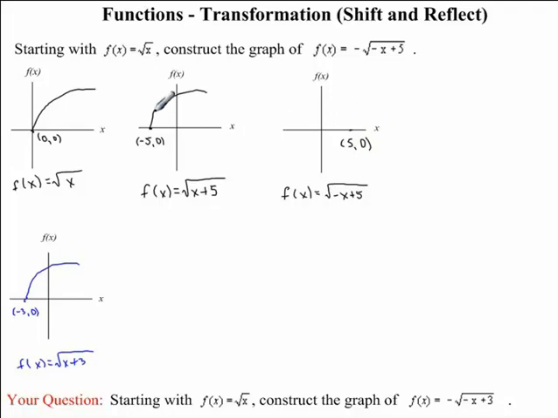Okay, we would continue doing this with all our points. So for example, this point here, let's just assume this is where x was negative 4. Once we multiply by negative 1, it will be moved over here. So essentially what we're doing is that we're reflecting this graph here about the y-axis. So our new graph will look something similar to this.